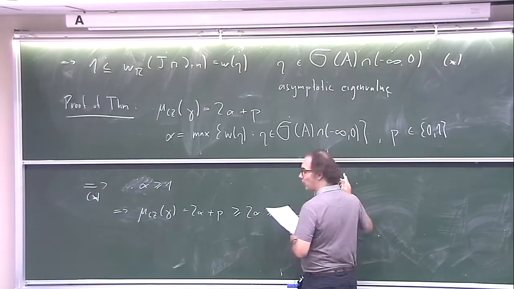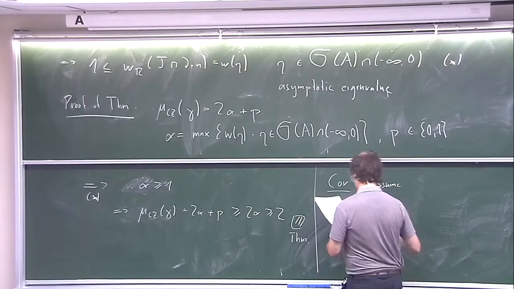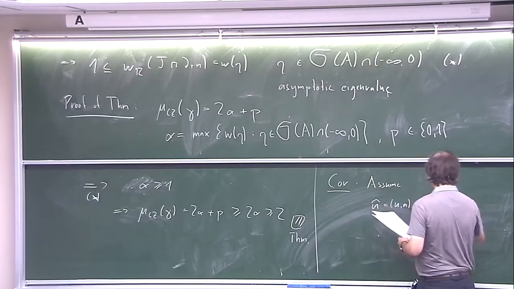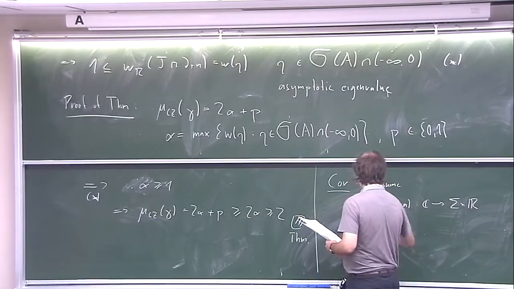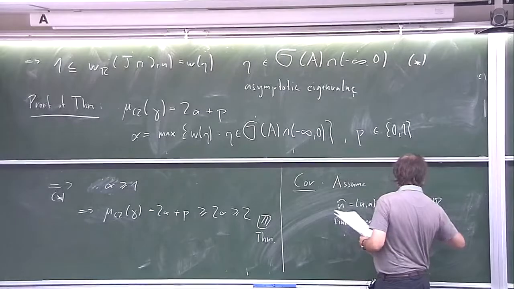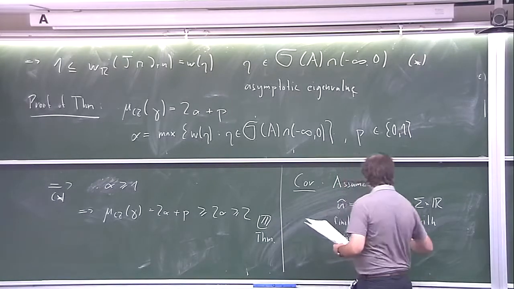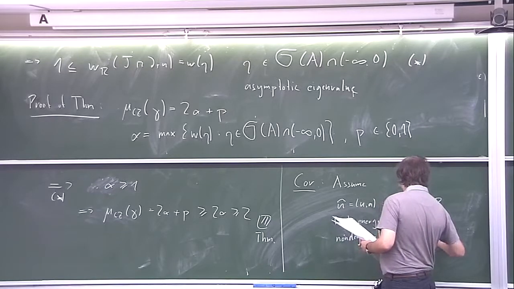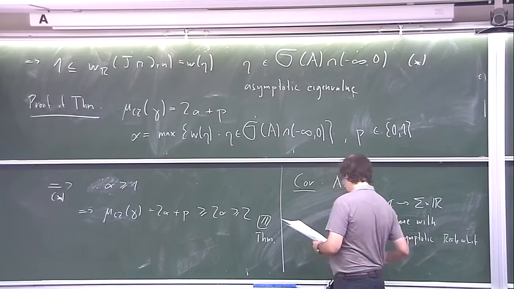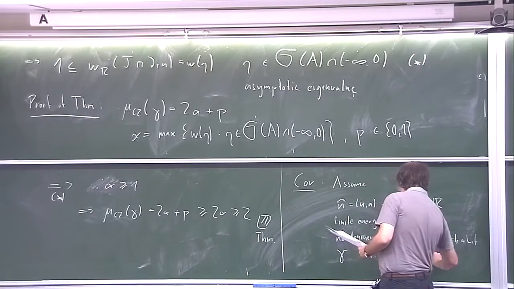So this is a corollary of the proof, not of the theorem. So assume U tilde equals (U, alpha) from C to sigma times R is a finite energy plane with non-degenerate asymptotic Reeb orbit gamma such that the Conley-Zehnder index of gamma is less than or equal to 3.